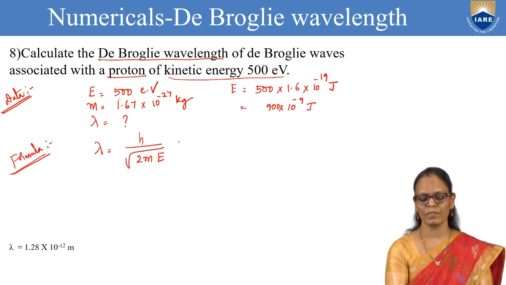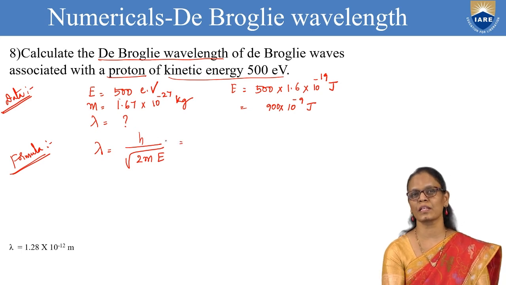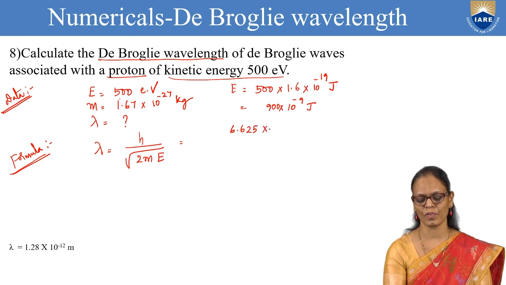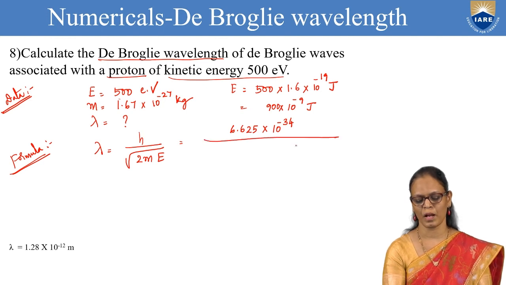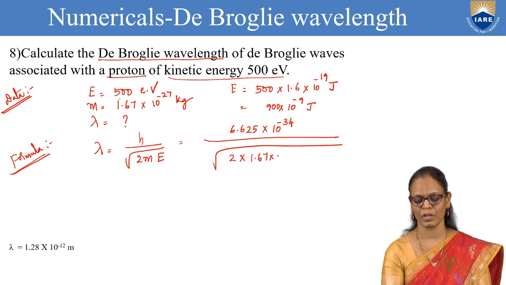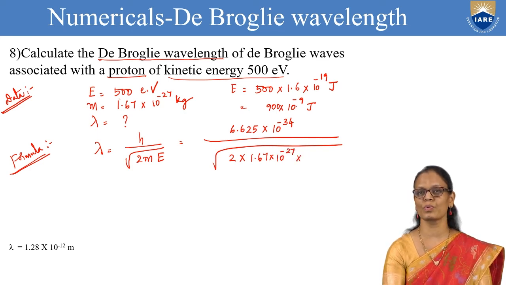Okay, so now let us substitute these values here for lambda. h is a constant, Planck's constant, 6.625 into 10 to the power of minus 34, under root 2, mass of the proton, we have already taken as 1.67 into 10 power minus 27, into E. E in joules.